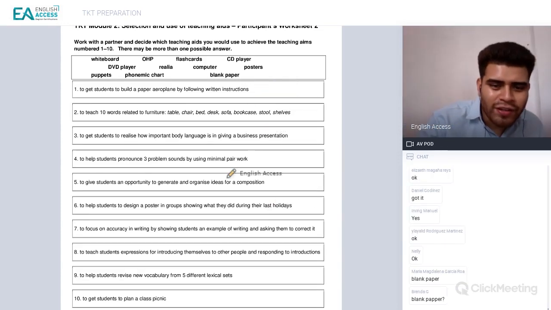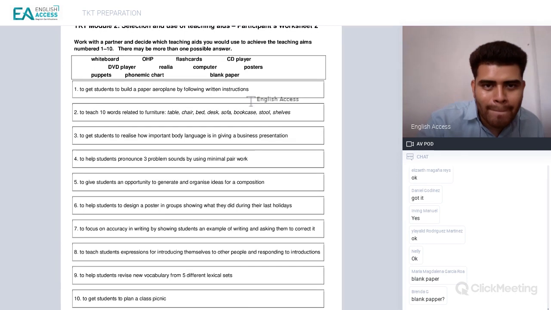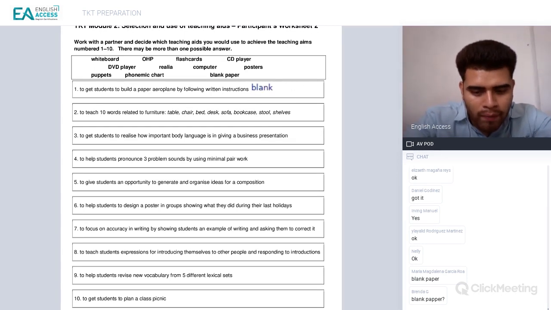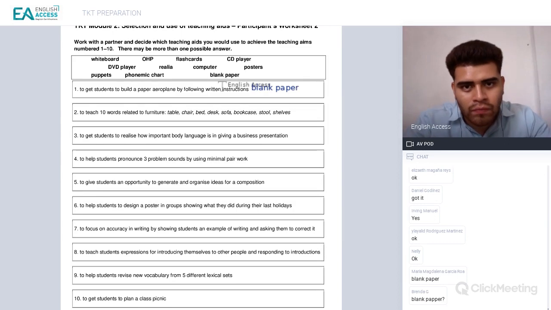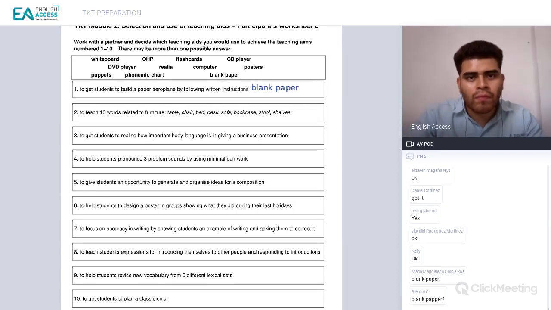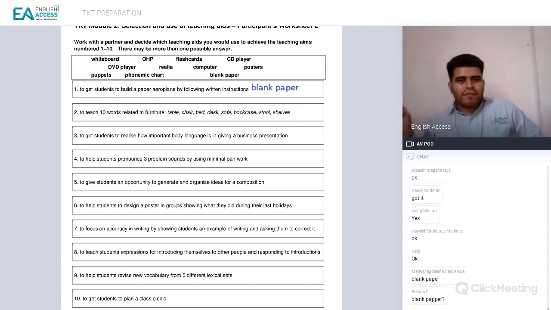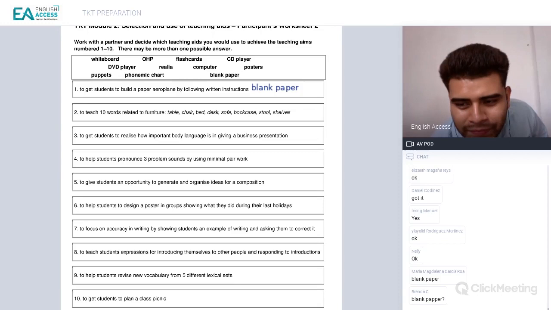We're going to use the blank paper for number 1. Yes, blank paper to make the airplane.